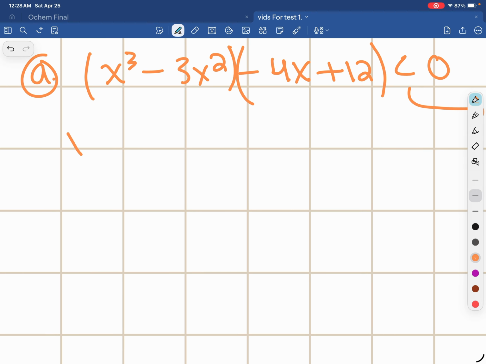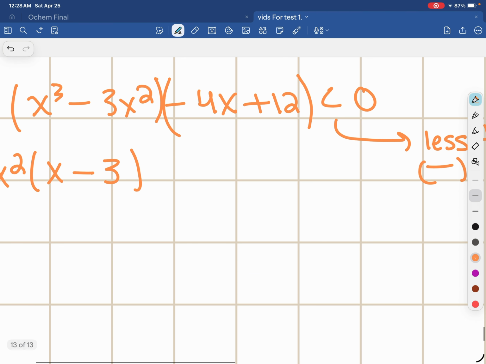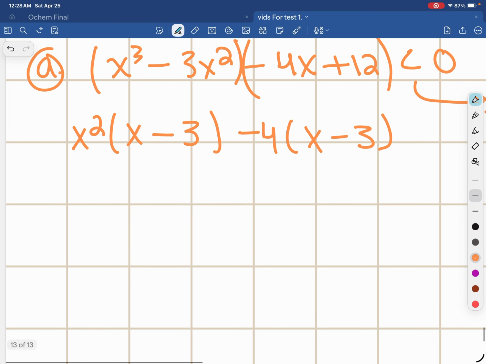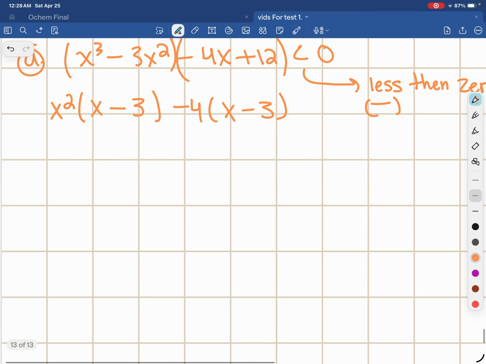Right away we can see that we could take out an x squared and we should be left with x minus 3. And then in this term we'll take out negative 4, and we should get x minus 3. So our terms match up perfectly fine, and that works out for us.